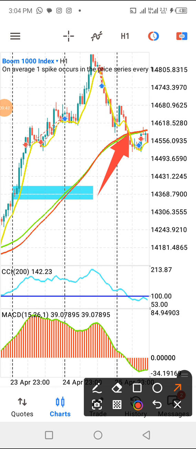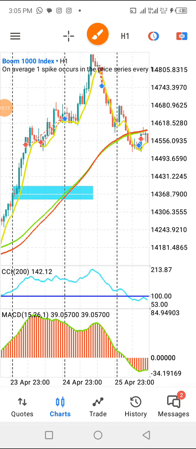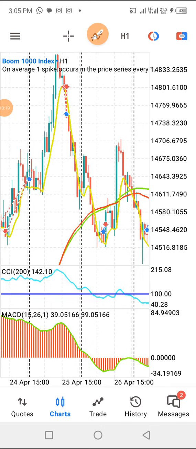Then 2, your CCI is below the positive 100 and your MACD is below the moving zero line. Probably you must have taken the trade at that point.